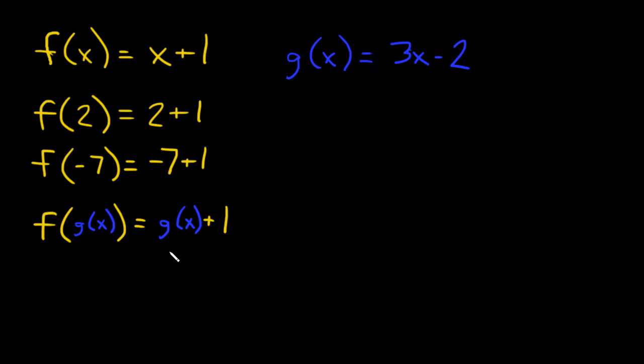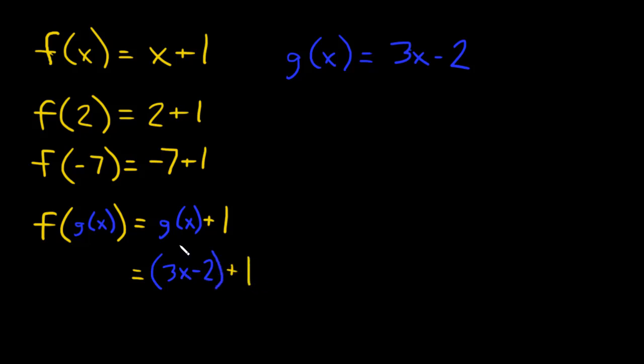Now, here's the critical step. When I do f of g of x, I just replace the x on the right with what I defined the x on the left to be, so I replace it with g of x. But g of x actually has a value now. g of x is 3x plus 2, so I can rewrite this and just say this is equal to 3x plus 2 plus 1.